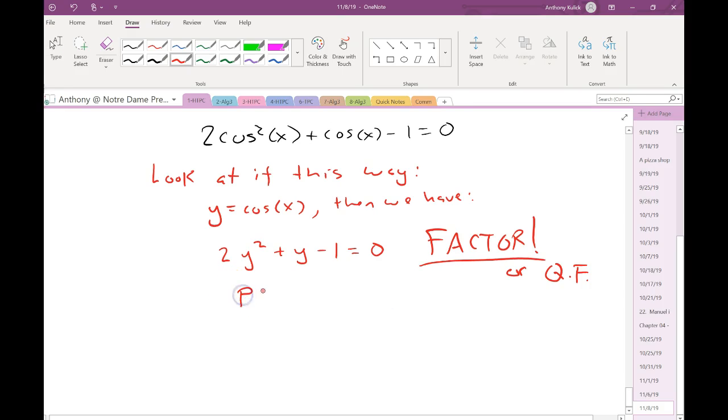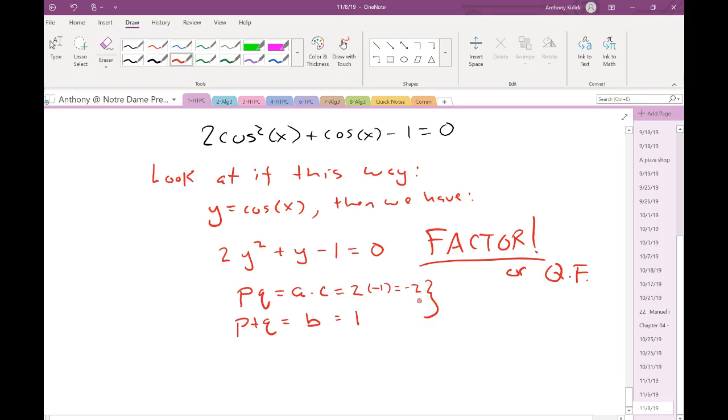To factor something like this, we need to find two numbers that multiply to give me a times c and add to give me b. What is the value for a here? 2. What is the value for c? Okay. And what is the value for b? 1, right?